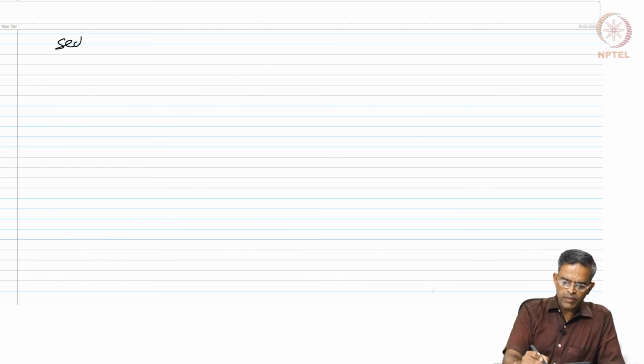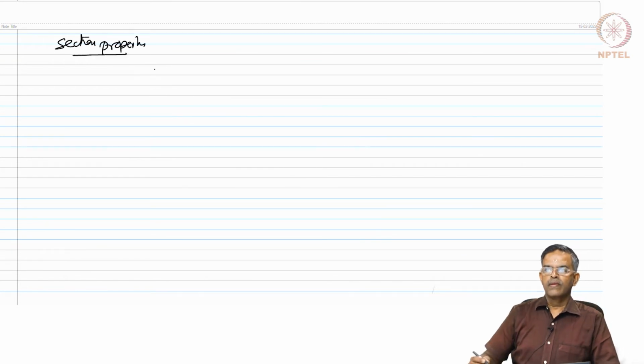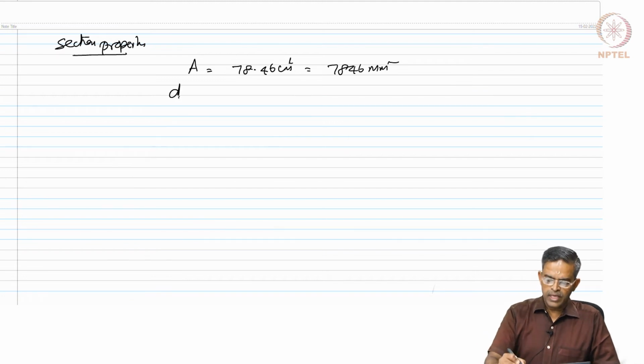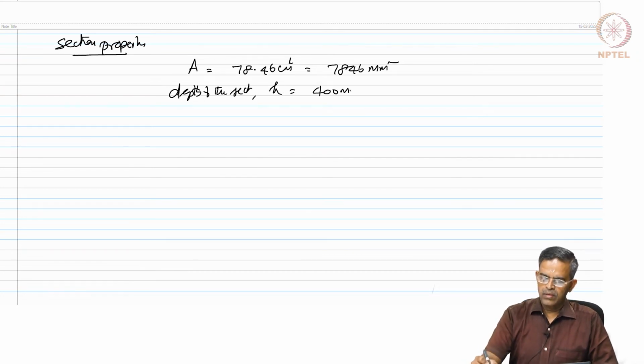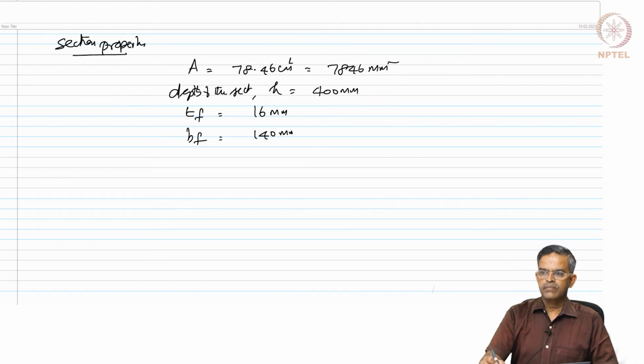Let us first see the section properties. Area of the cross section, which is 78.46 centimeter square, which is 7846 millimeter square. Depth of the section, H, 400 mm. Thickness of the flange 16 mm. Breadth of the flange 140 mm.